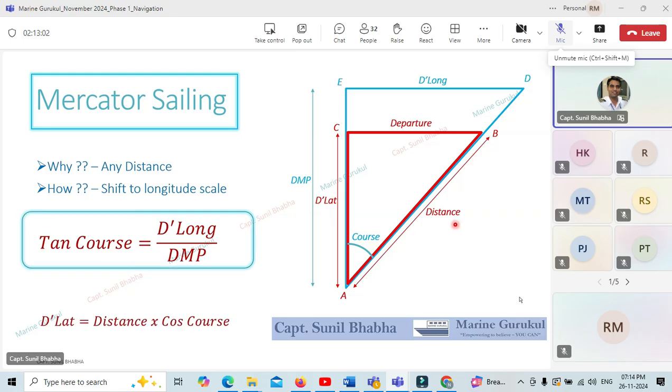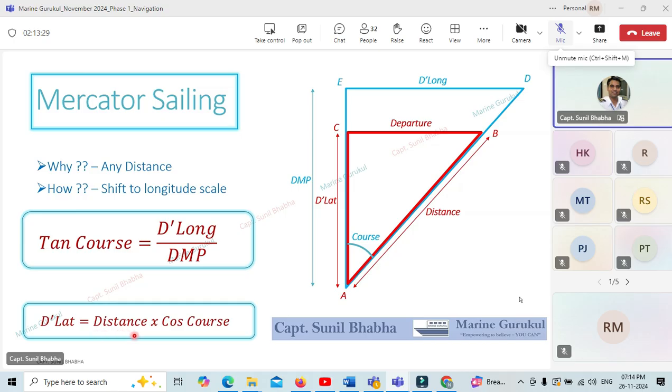So for calculation of the distance, we go back to our plain sailing formula. DLAT is equal to distance cos course. The course has been obtained using the Mercator sailing formula. Same course is used here. The DLAT between the two positions is fed into the formula and the distance can be calculated.